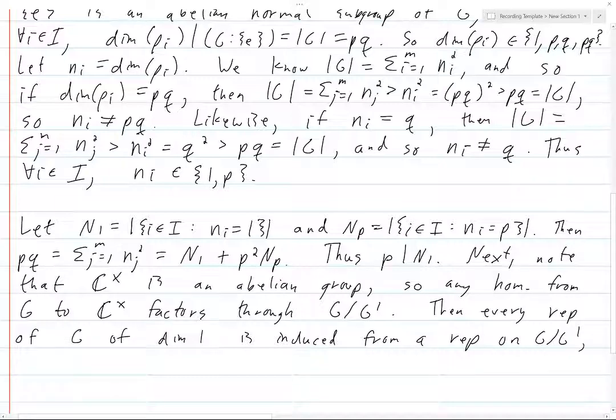So this is the part where I still don't quite see all the details here. It should be pretty obvious because we're not dealing with super complicated representations. This is a representation of dimension 1, so it corresponds to something on the circle group. So here we naturally have a map going from G to C cross, and this factors through G mod G prime.